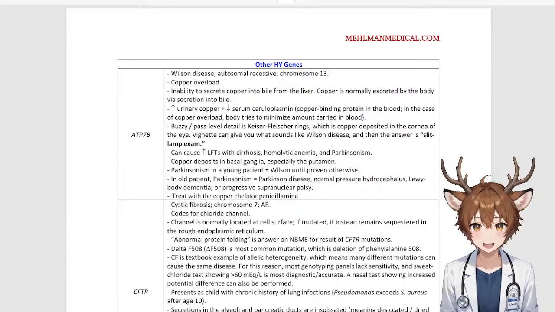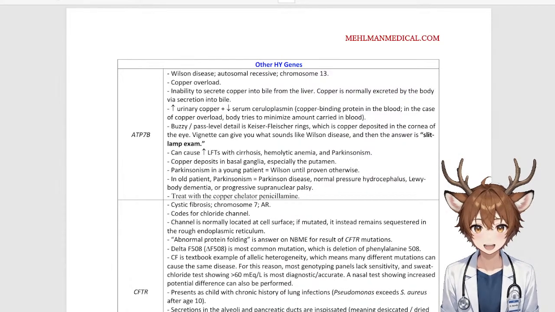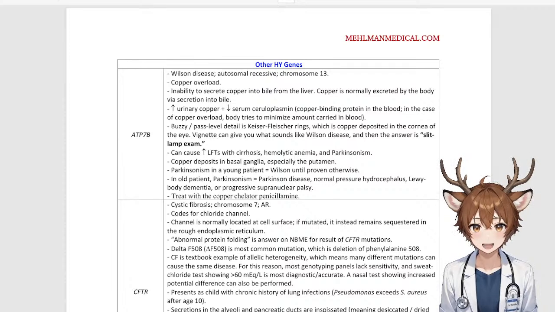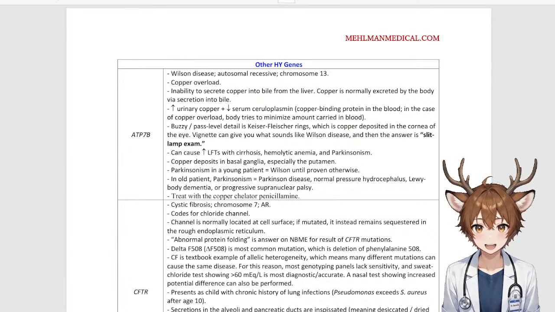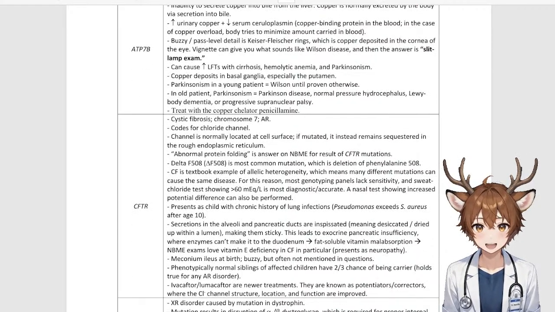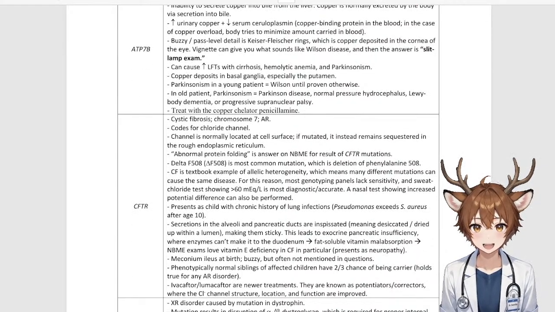But in young people, think about Kayser-Fleischer. When you see the Parkinson-like symptoms, think about the actual Wilson's disease and therefore the ATP7B gene. What do you do if you have Wilson's disease? You treat with a copper chelator, penicillamine. So penicillamine.